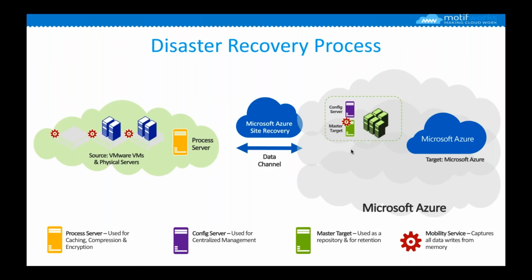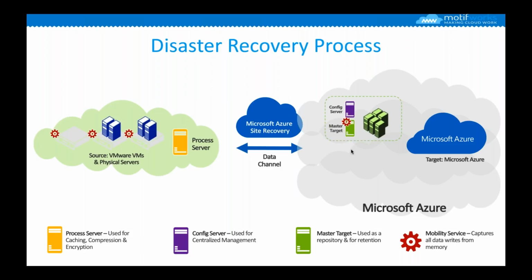You would need this process server. The responsibility of this process server is coordination and communication, and it is also responsible for managing the replication between your on-premise and cloud and the recovery process.